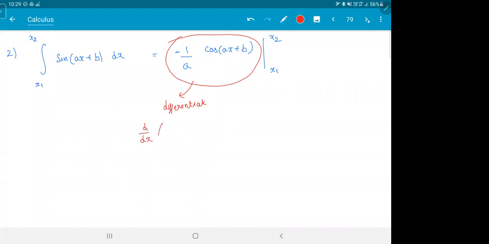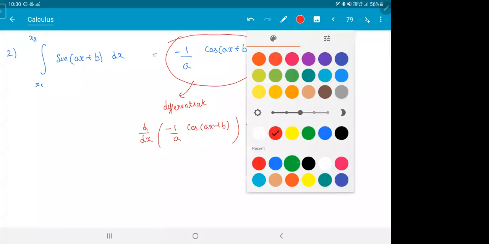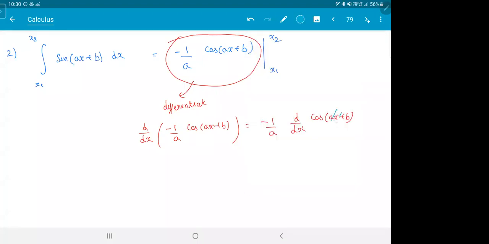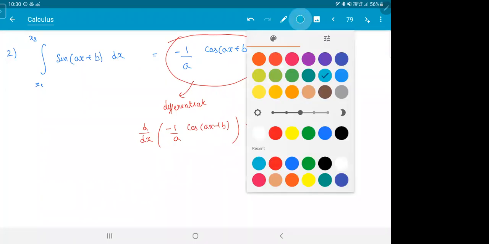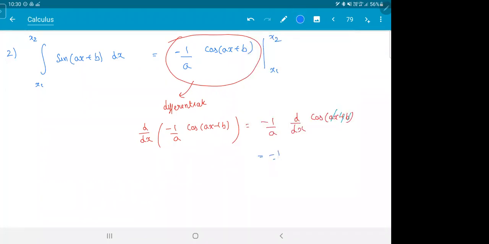D by dx of minus 1 by a cos ax plus b. Minus 1 by a comes out. So you're differentiating cos ax plus b. What is this? Cos of something, right? So it is minus 1 by a. Cos differential is minus sine.